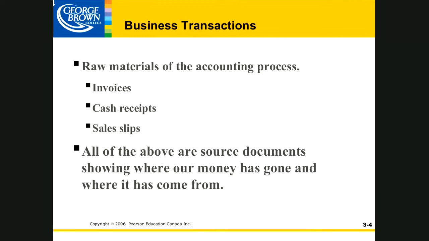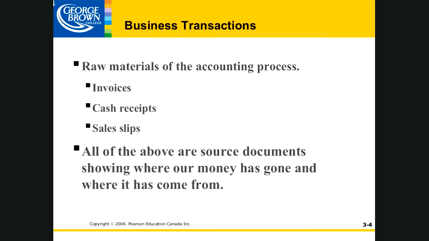For example, an invoice shows that at some point money is going to leave my bank account and go into the supplier's bank account. So it's showing the transfer of money from my ownership to my supplier's. It's also showing the transfer of ownership of inventory from my supplier to me and my restaurant.